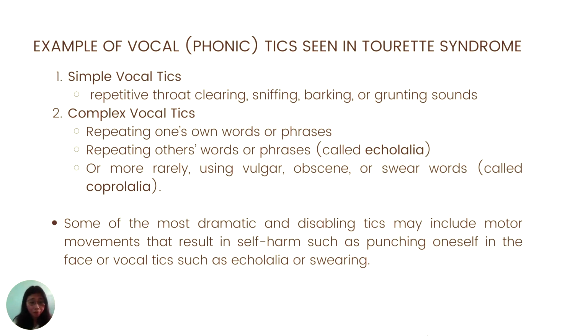O kaya, for example, may sinabi siya, tapos sasabihin niya uli. O kaya naman, kapag may kausap siya, tapos may sinabi, uulitin niya yung sinabi. Ang tawag doon, echolalia. Sunod naman, yung paggamit ng vulgar, obscene, or swear words, ang tawag naman doon, coprolalia.